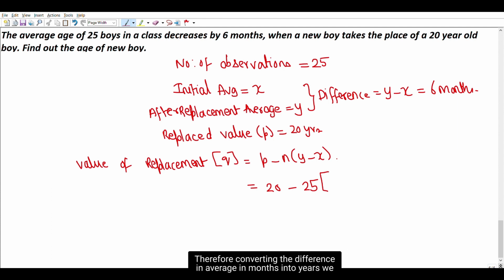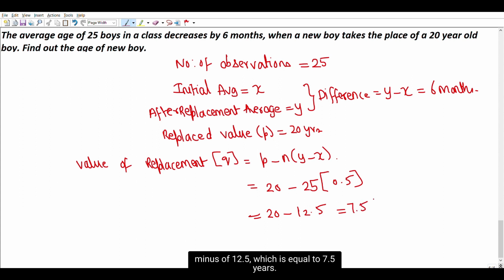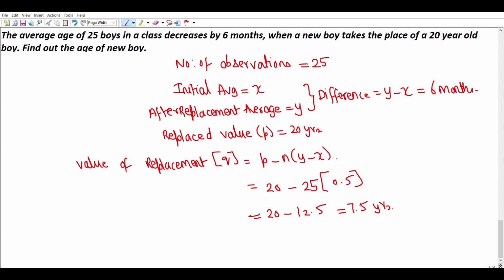Therefore, converting the difference in average in months into years, 6 months is equal to half a year, and hence we write it as 0.5 years, which gives 20 minus 12.5, which is equal to 7.5 years. So, when a 20-year-old boy gets replaced by a 7.5 years old boy, the average gets decreased by 6 months.